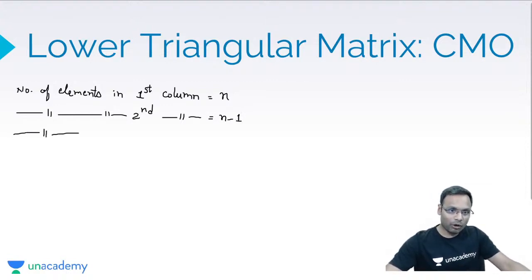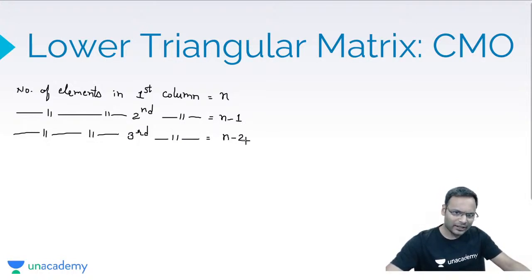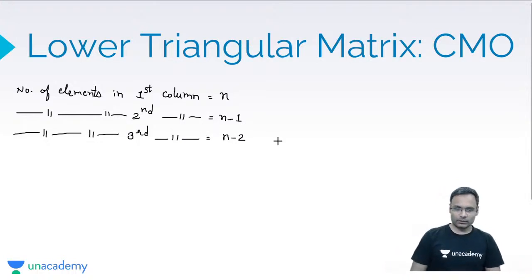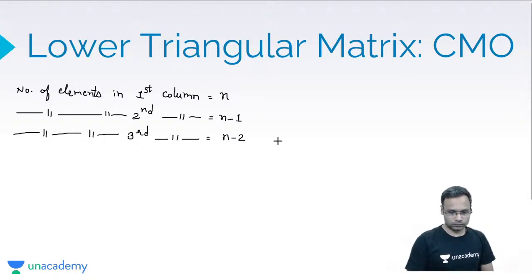So number of elements in the third column should be how many? n minus 2. Directly I can write n minus 2. क्या बोलते हो?